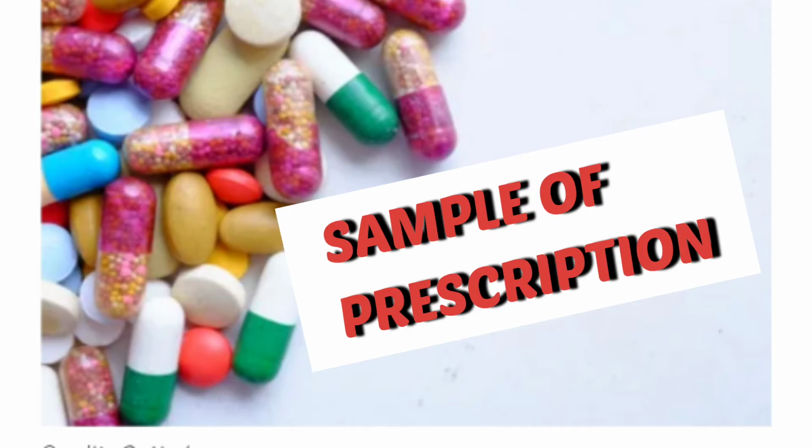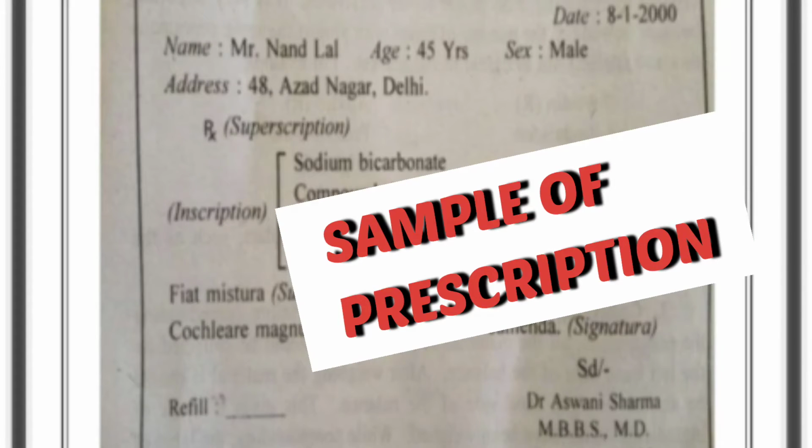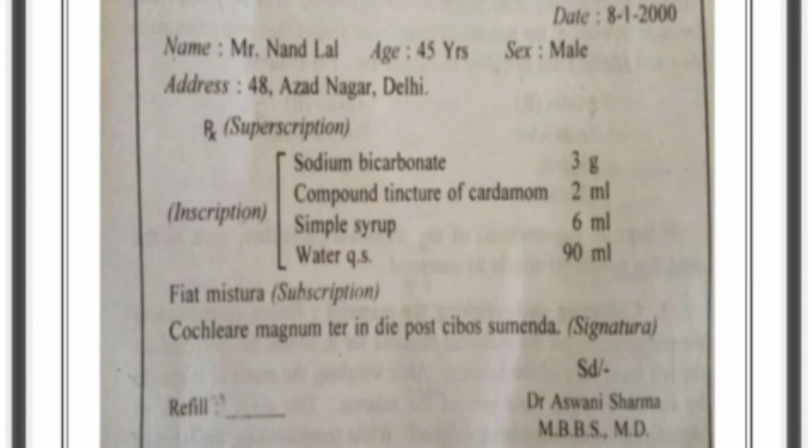Now, the sample of prescription. All of you see the sample of prescription. On the top, first of all, write the name of the patient, age, sex and address. Then write the superscription, which indicates Rx.